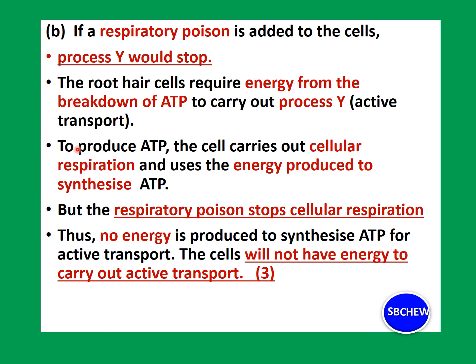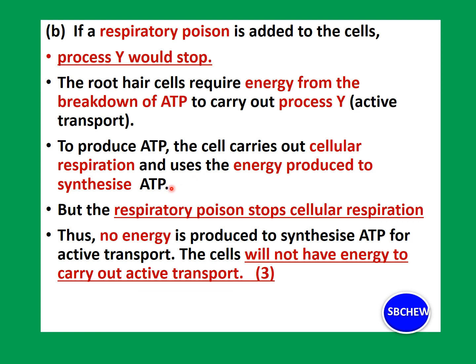And to produce this ATP, the cell has to carry out cellular respiration, and then that will provide the energy which is used to synthesize the ATP. So now the respiratory poison has stopped cellular respiration. So there's no cellular respiration, that means there's no energy produced to synthesize the ATP.